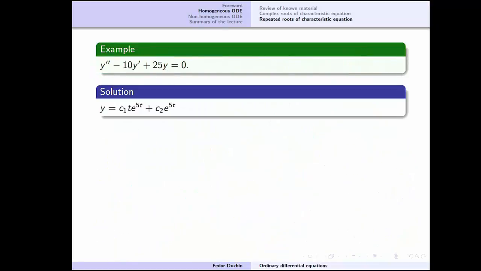So therefore, we constructed a solution. So c1t times e to the 5t plus c2. Right, so let me rewrite it. Our v of t is c1t plus c2.